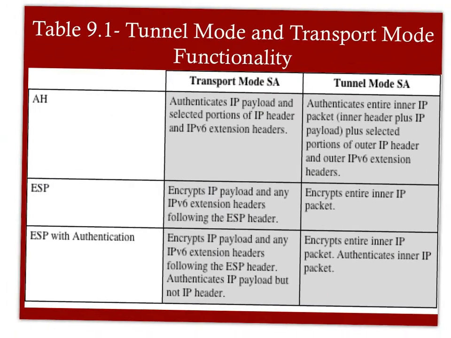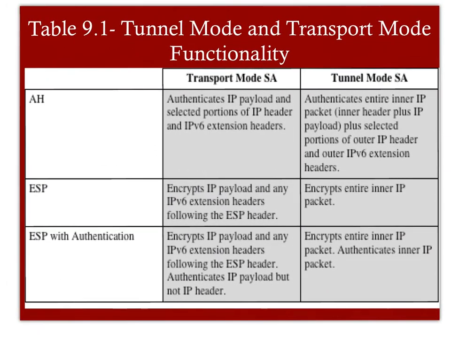So in the standards, they define, as we said, the AH is used for authentication, and as we said, AH was part of IPsec version 1, okay? And ESP, the Encapsulating Security Payload, is for encryption, okay?